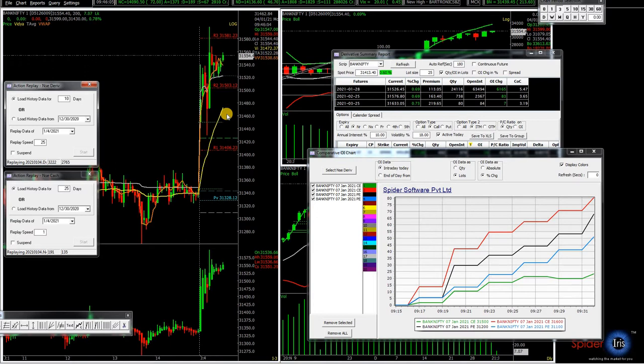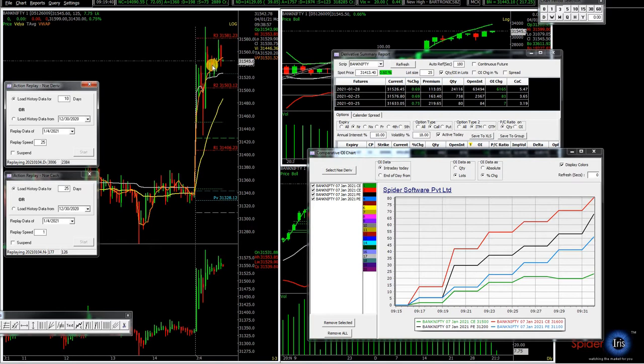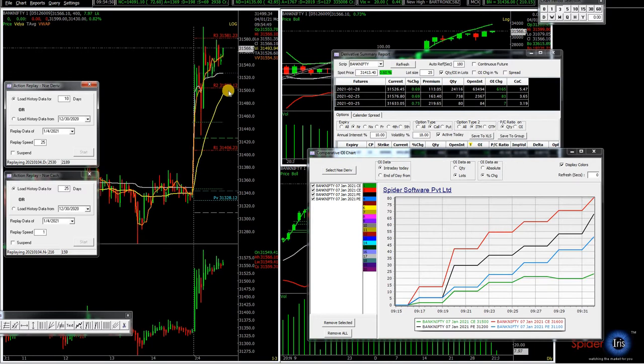The 600 call is leading, and the 200 put is also leading. If in the next 45 minutes Bank Nifty is not making lower lows, then it can be range bound. Already calls are leading, so we can have one more breakout rally above 600.